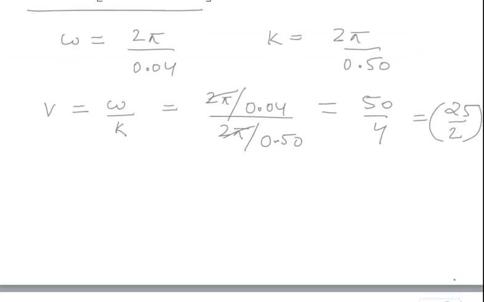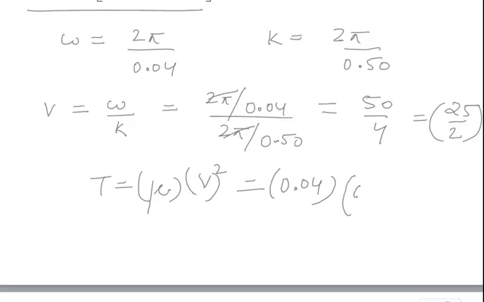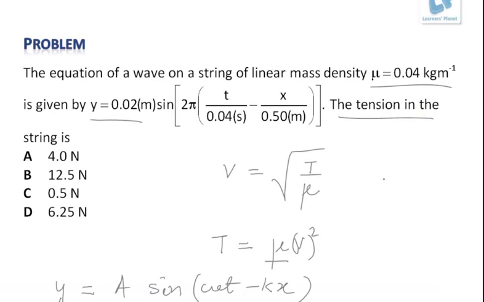So the tension T will be given by mu times v square. Mu is 0.04 and v square is 625 by 4. Now if you solve this, we will get 6.25 Newton as the tension. So option D is correct.